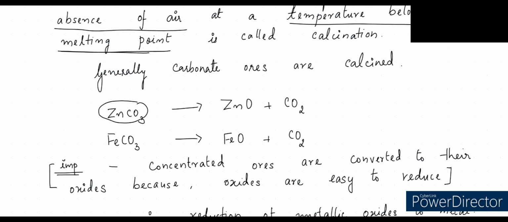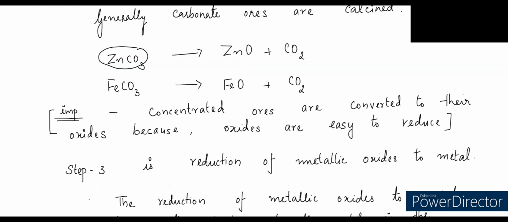Now, there can be a question: why do we have to perform either roasting or calcination in metallurgy? So the answer is here. Concentrated ores are converted to their oxides because oxides are easy to reduce. So your answer is, it is easy to reduce an oxide to its metal.